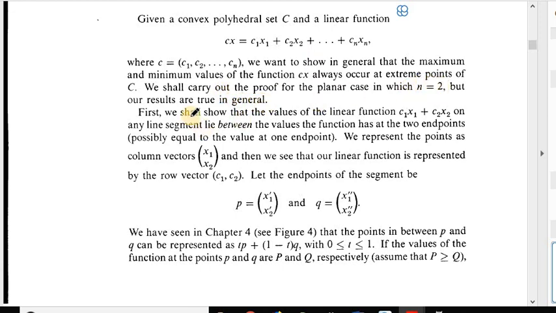Okay. So first, we shall show that the values of the linear function c1x1 plus c2x2 on any line segment lie between the values the function has at the two endpoints. Okay, and may be equal to the value at one endpoint. So what we have is a line segment with two endpoints, and let's call those two endpoints P and Q, with x1 prime, x2 prime as P, and x1 double prime, x2 double prime as Q. Let me switch over to OneNote so we can draw this.